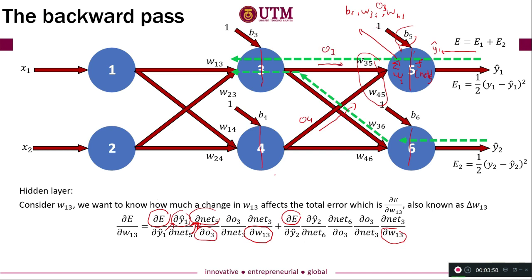So meaning that if you want to make sure that this expression can still be extended towards this direction, you must not do del net with respect to del W35, because that will stop your expression there.